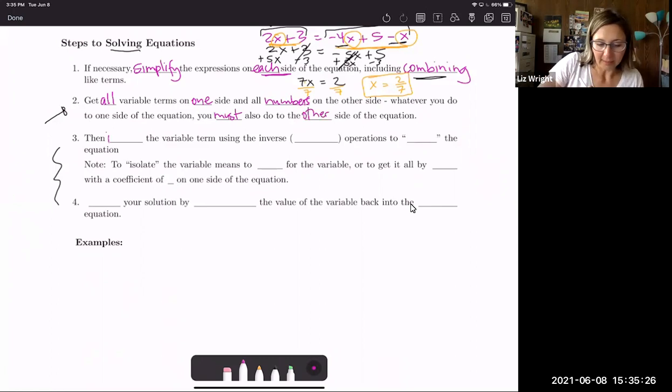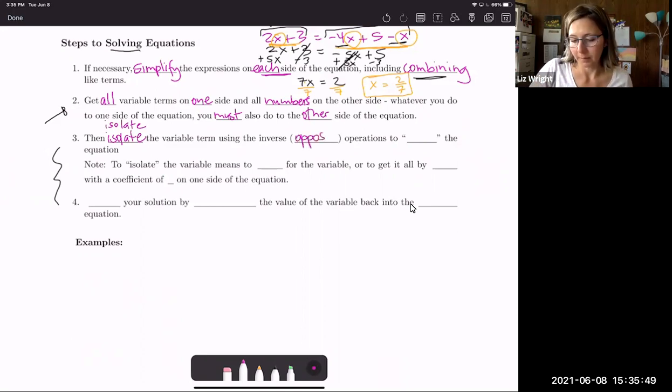Then we isolate. There's that word isolate. So we isolate the variable. What does it mean when you're put in isolation? You're by yourself. That's what you're doing with the variable. You're getting it all by itself using the inverse or opposite operations to undo the equation.